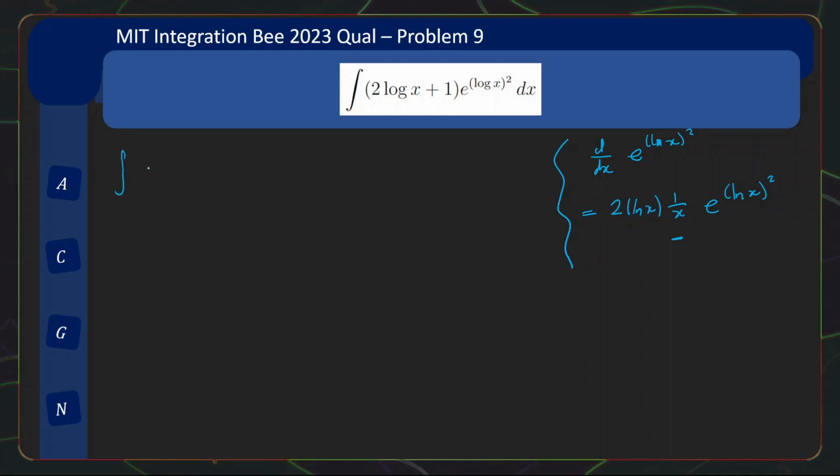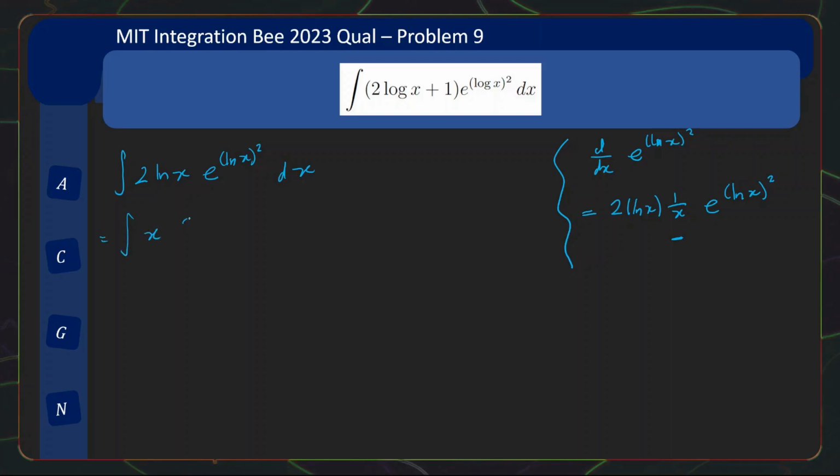So let's see, how can I evaluate just the integral of 2 log x e to the log x squared dx. Okay, but we only know how to integrate this expression when there's a 1 over x inside it. So this suggests that we multiply and divide by x.